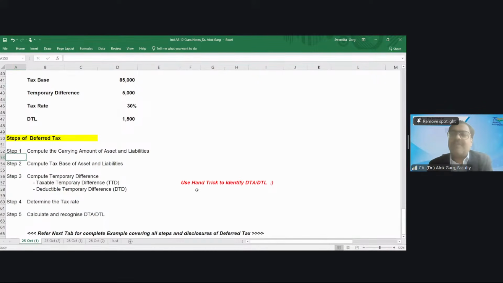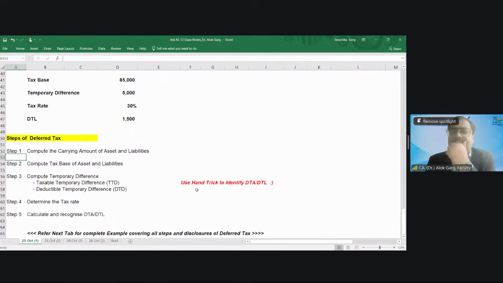What two things are certain in life? Death and taxes are certain in life. These two things are certain in life, right? So tax is a concept which goes everywhere. On every line item, there is the implication of tax. The question is asking you about the investment property.